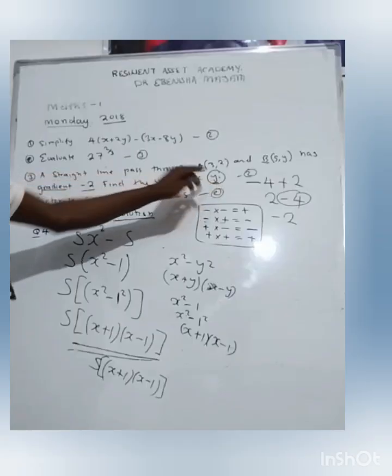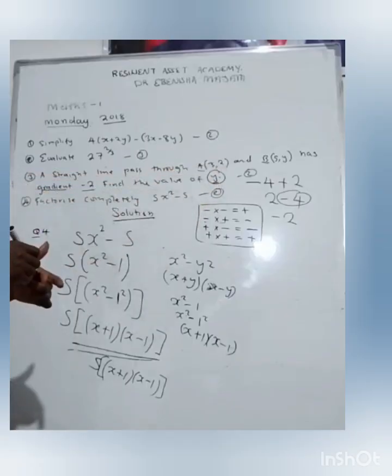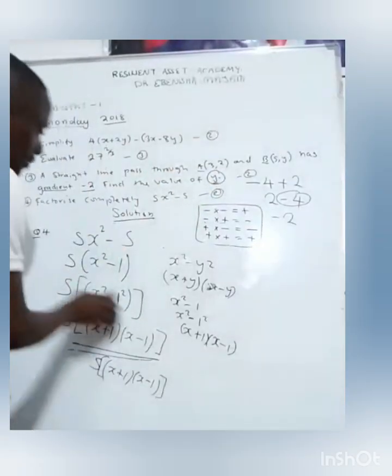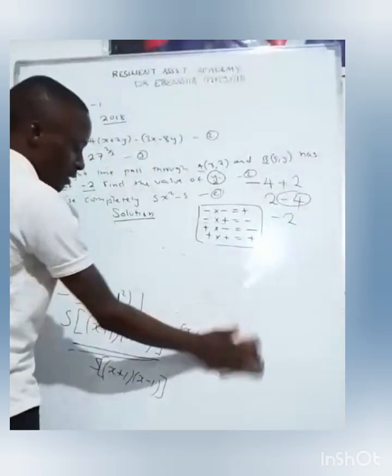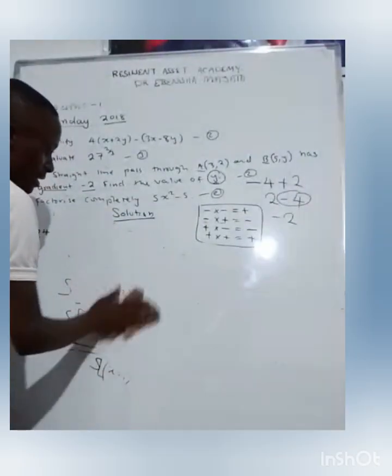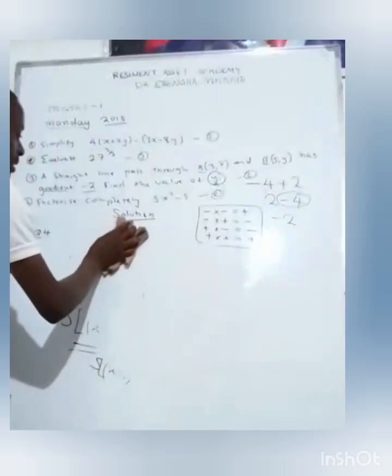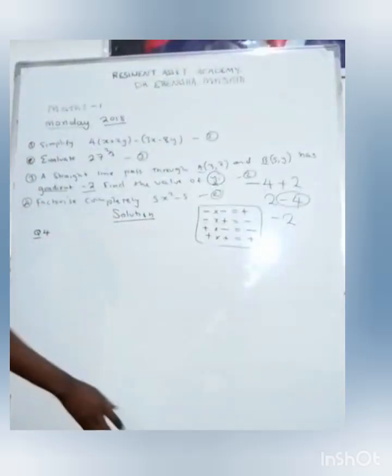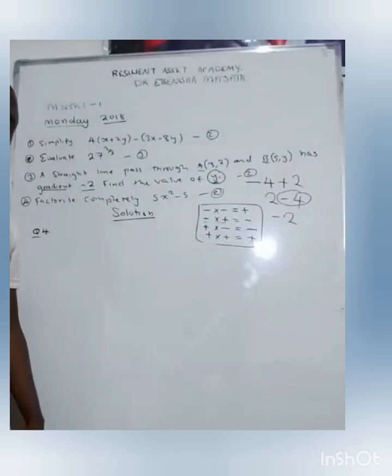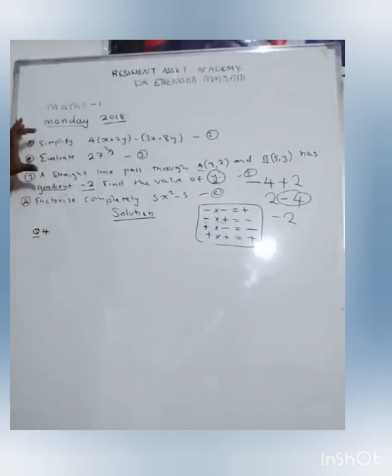So you had 4x plus 2y, this minus 3x, minus y, 8y. By expanding, I simply multiply what is outside with what is inside. So 4x plus 8y minus 3x plus 8y.